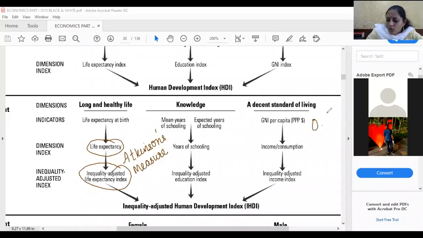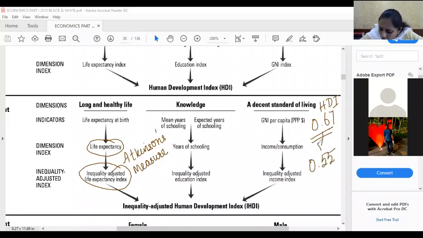Say India has 0.67 as the HDI value, and we got categorized as moderately developed. Now, after the adjustments using Atkinson's measure, because my levels of inequality across the states in the country are high, maybe I lost value and it came down to 0.55.